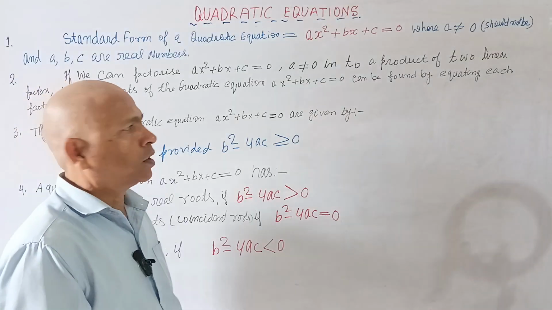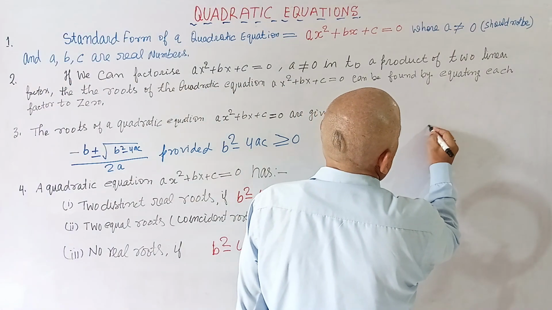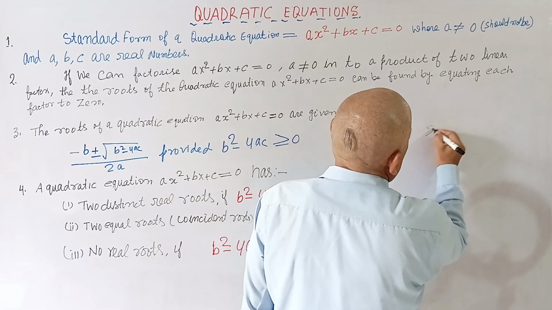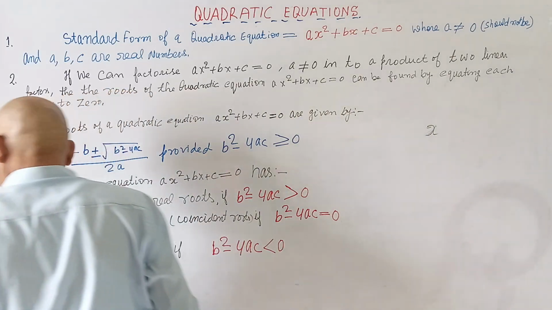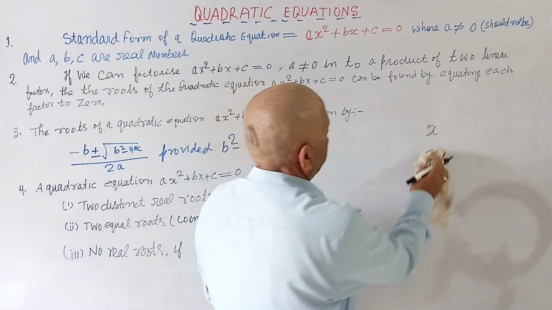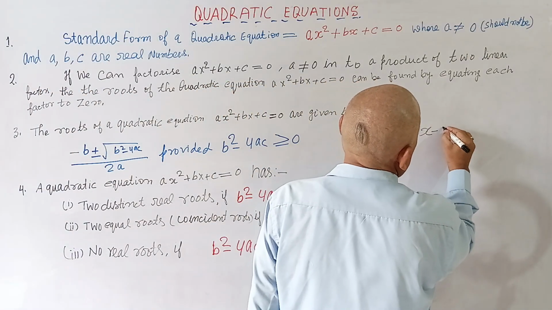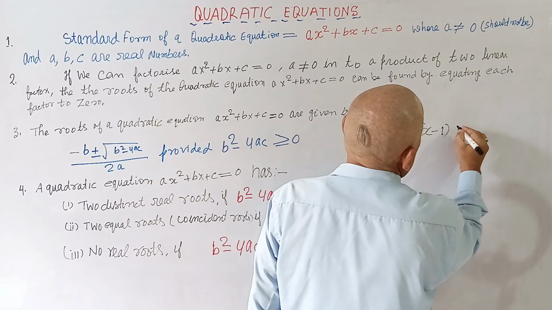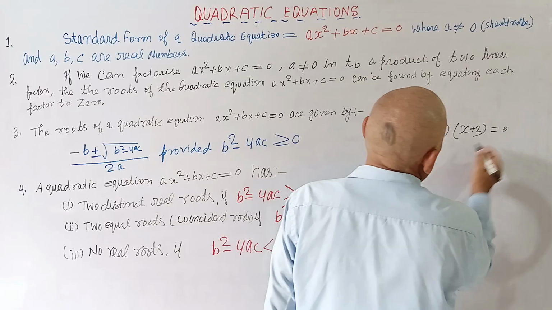Now for example, suppose we have got factors of a quadratic equation, x minus 1 and x plus 2 equals to 0.